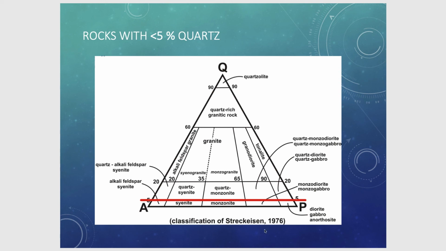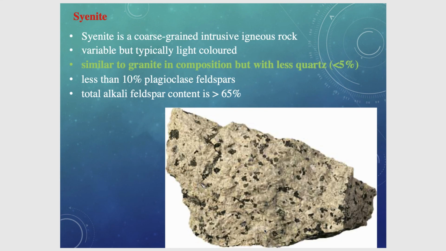So gabbros and diorites are usually rocks that have pretty much all plagioclase. Syenites will be on the other side, rocks that are essentially dominated by alkali feldspar. So you see here most of the rock is dominated by alkali feldspar, but you don't see any quartz vein in here, so very little quartz in this rock.